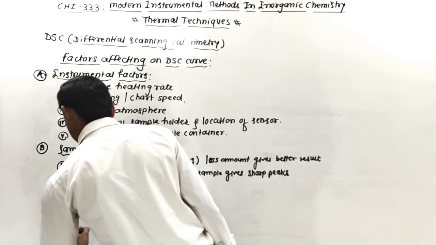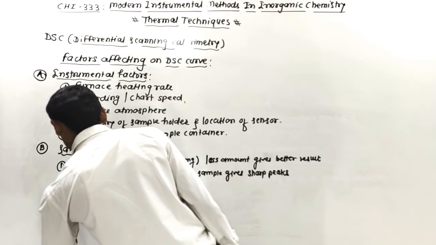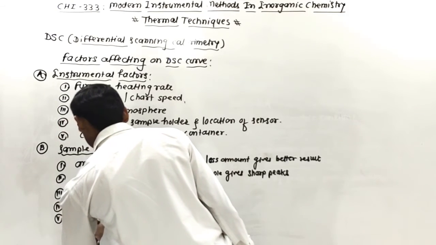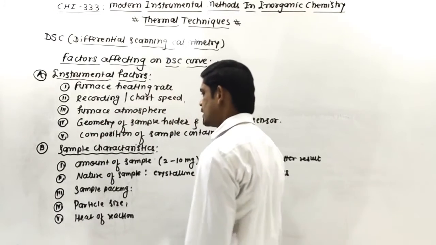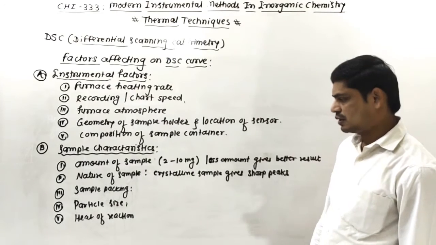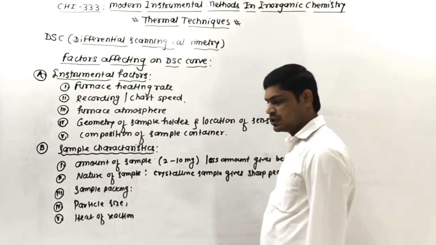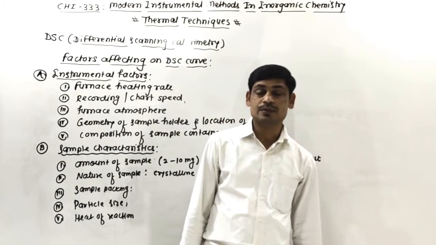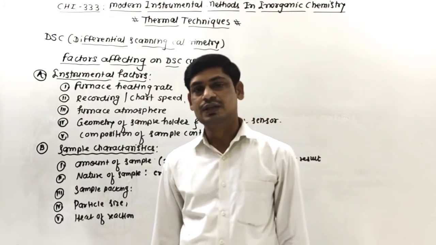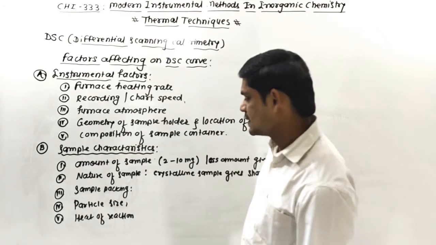Next one is heat of a reaction. Depending upon the nature of a reaction, either exothermic or endothermic, we will get various types of peaks, upward as well as downward.